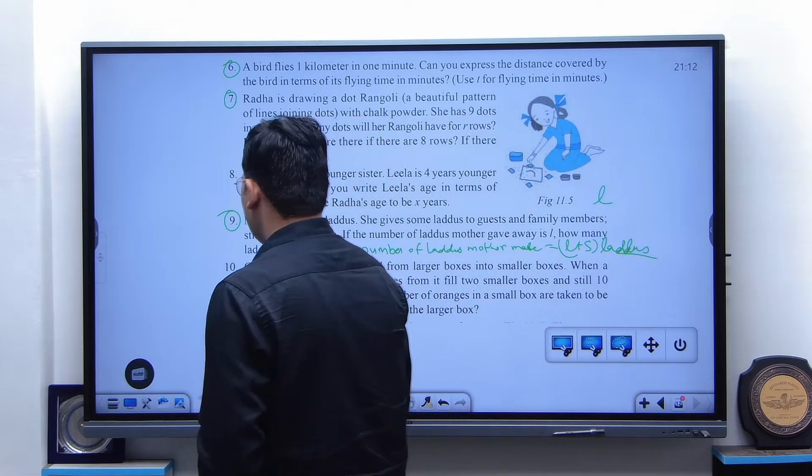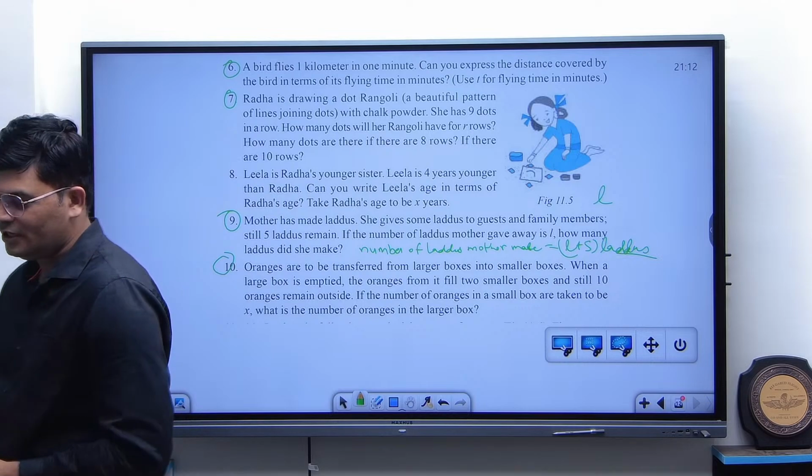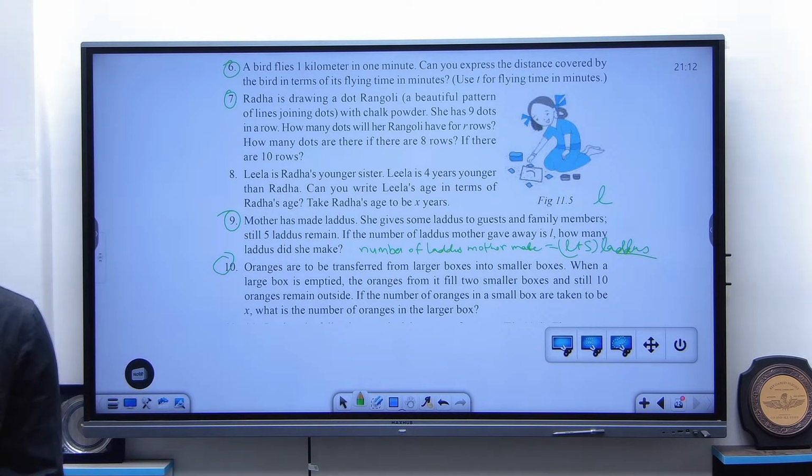Great. Can you tell me the 10th one? Read it louder. Oranges are to be transferred from larger boxes into smaller boxes. When a large box is empty, the oranges from it fill two smaller boxes and still 10 oranges remain outside.